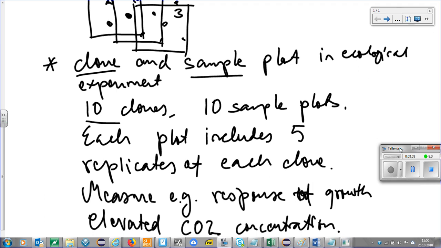For example, if we have 10 clones and 10 sample plots, so that each plot includes a total of 5 replicas of each clone, then the clones can be treated as a random effect, and also the sample plots are random effects, and all clones occur in all of the sample plots.